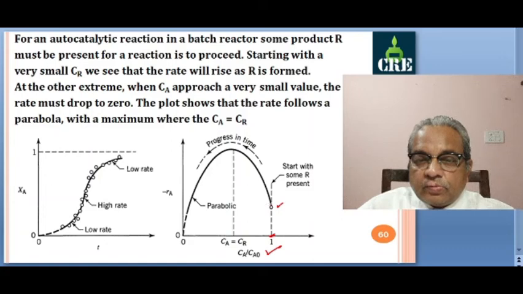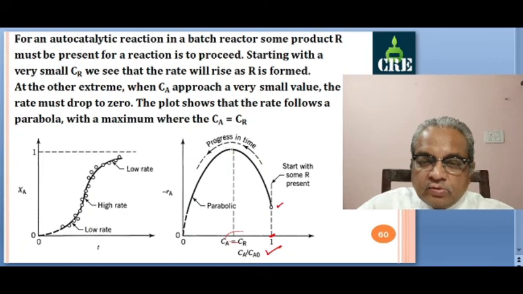and this is the rate. As more and more R is formed, the rate will increase and it will reach some maximum value, and that is at Ca equal to Cr. When it is reached, what happens?